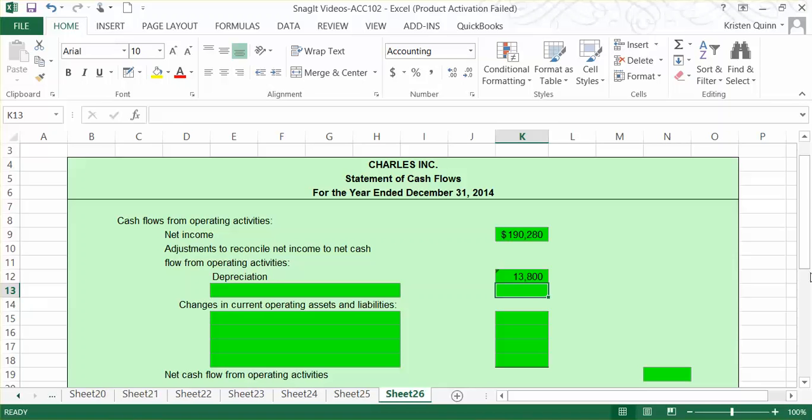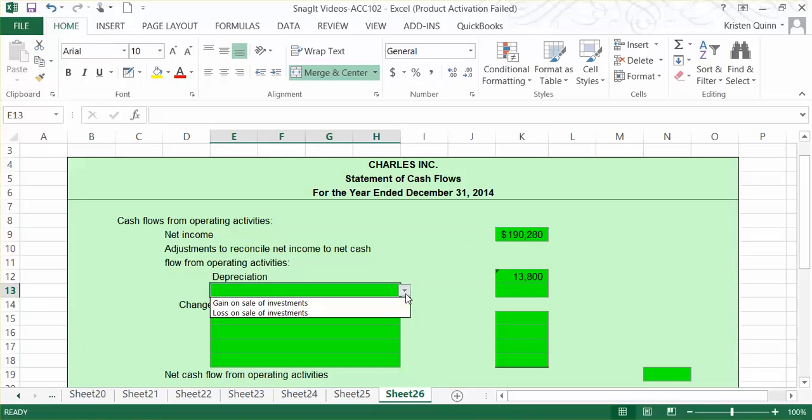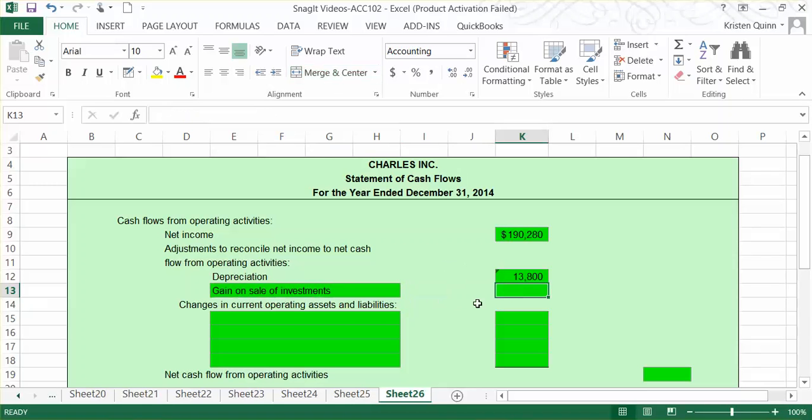In order to calculate the gain, we look at the difference between how much we sold the investments for minus how much we had paid for those investments. So we would have had a $30,000 gain. Notice that we are subtracting this number.